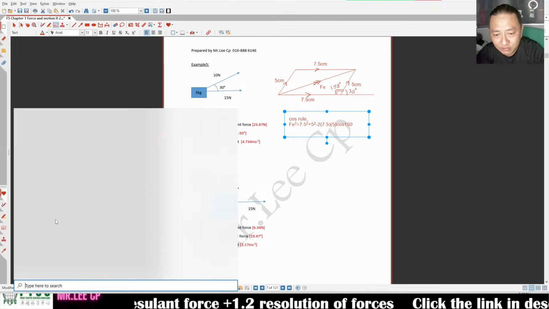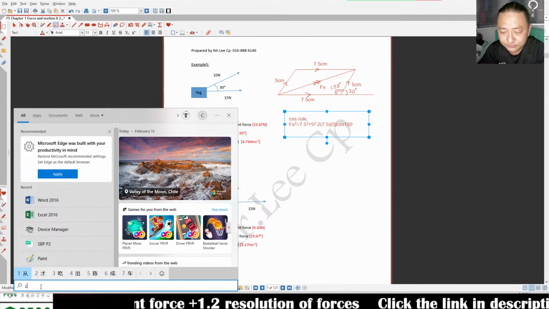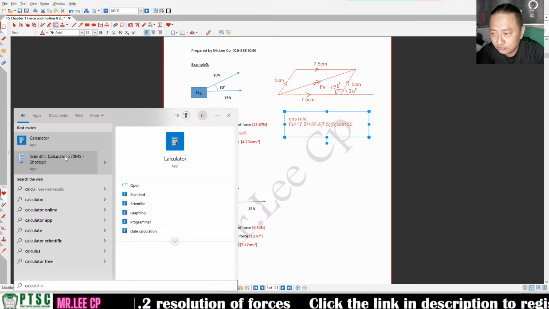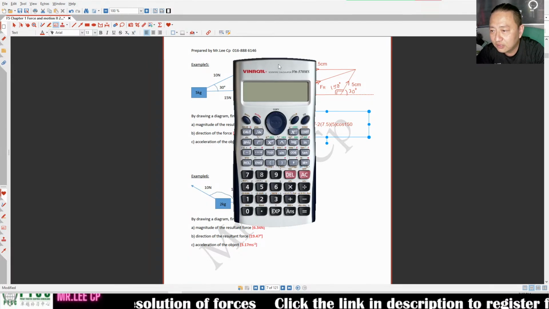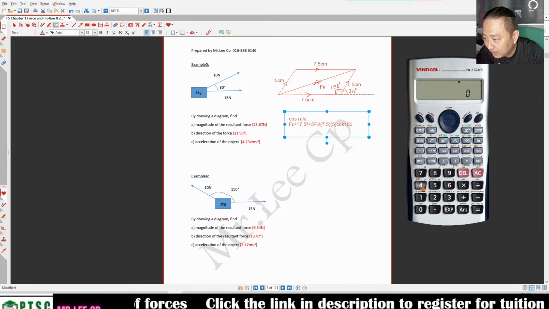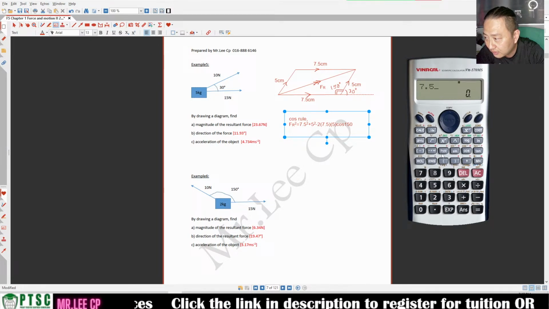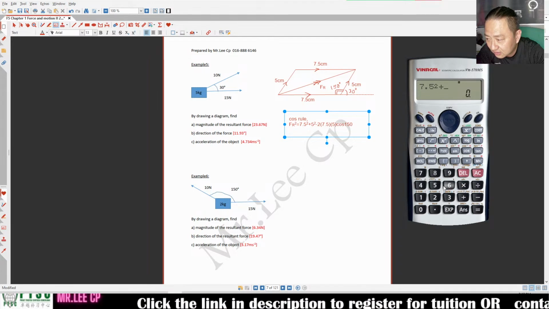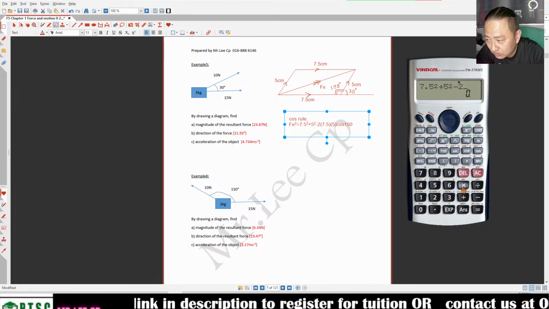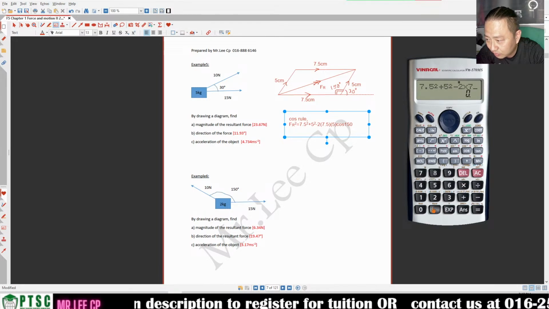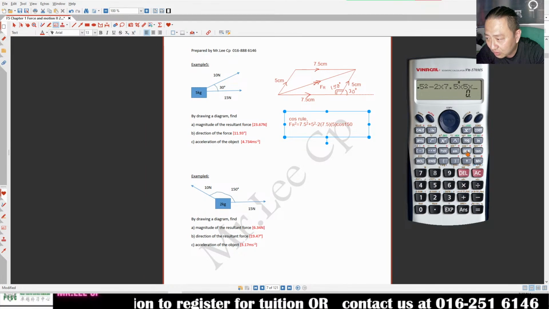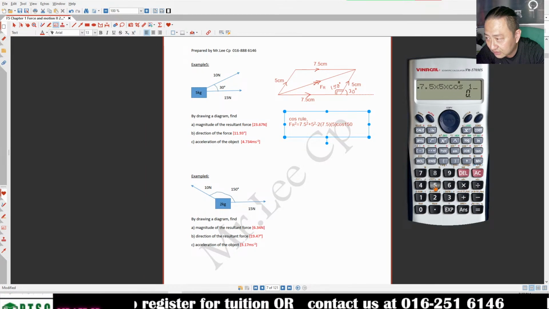Alright, so I am going to press the calculator right now. Whereas the opposite, this is 7.5 squared plus 5 squared minus 2 times 7.5 times 5 times cos 150.